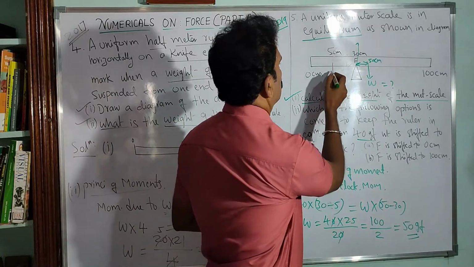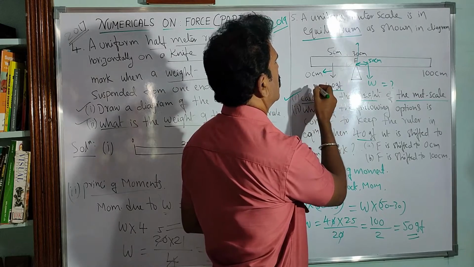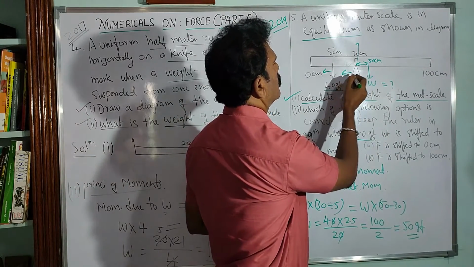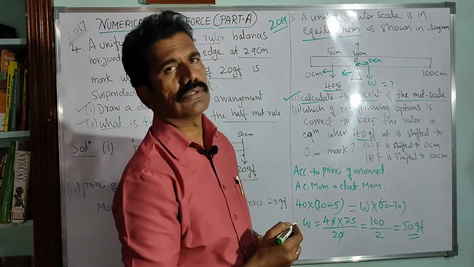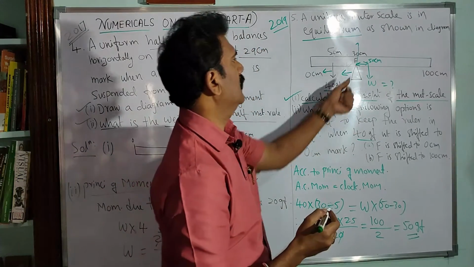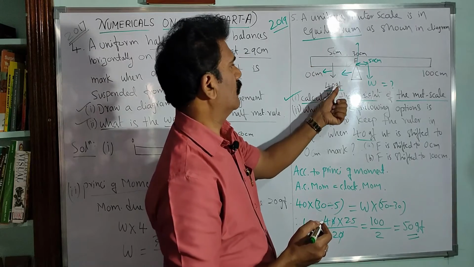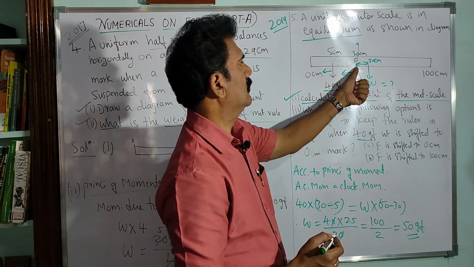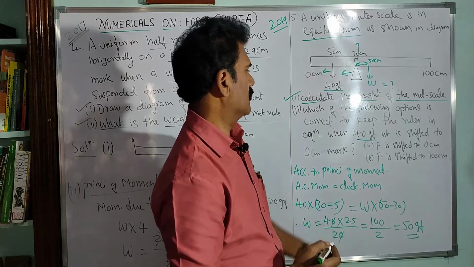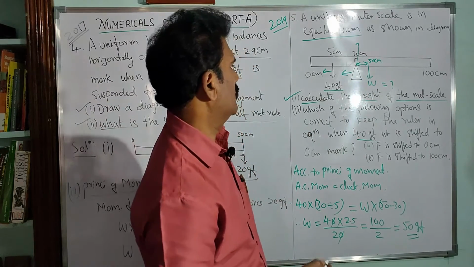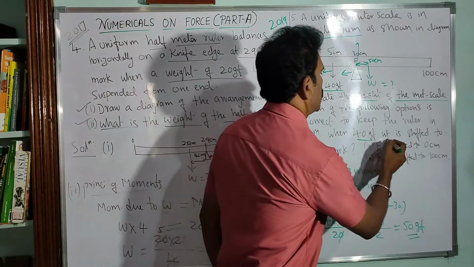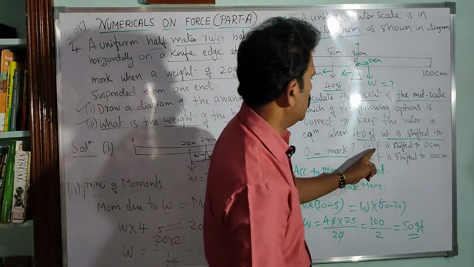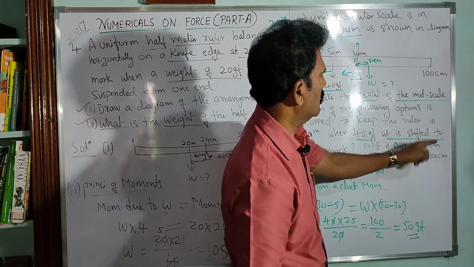F should be shifted towards the 0 centimeter side only, not to the point 0, but a little bit towards 0. Then only it balances.